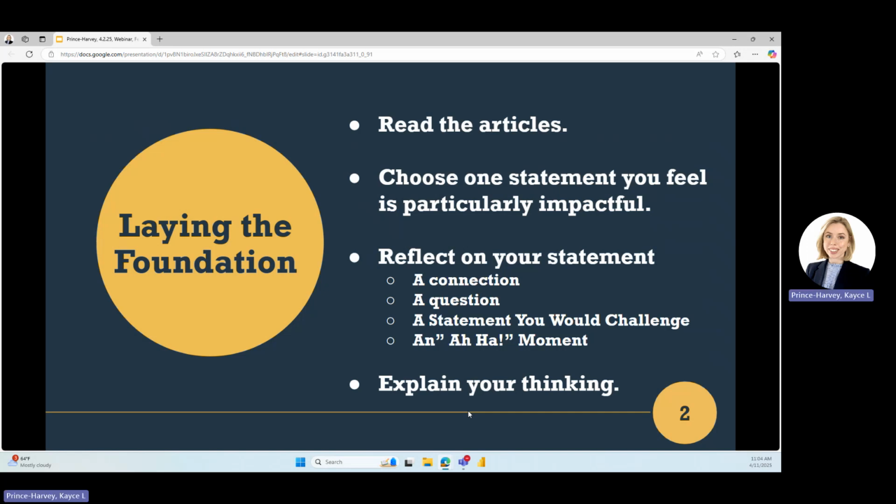Then we want you to reflect on your statement. You could make a connection, you could ask a question, you could pull out a statement that you might challenge from the article, or even select an aha moment, and then explain your thinking. Give you just a moment to do that.